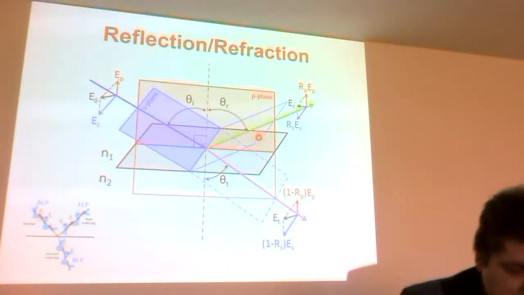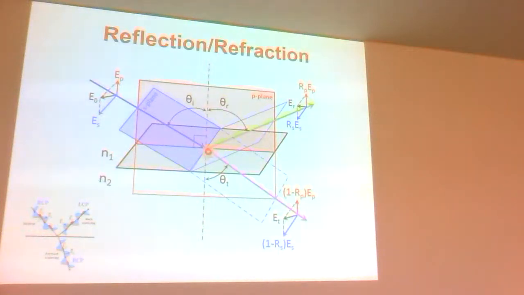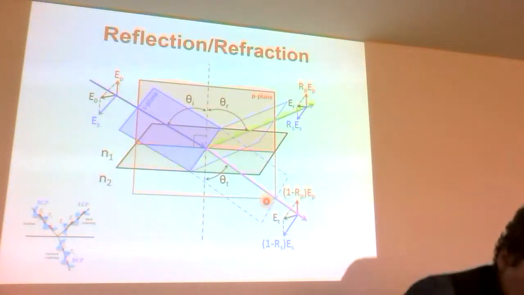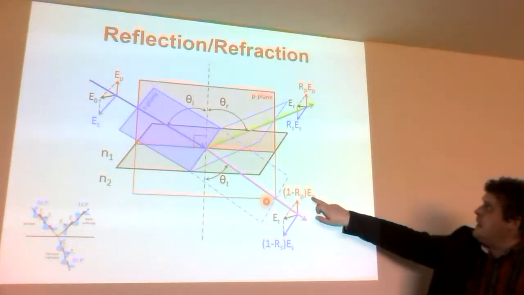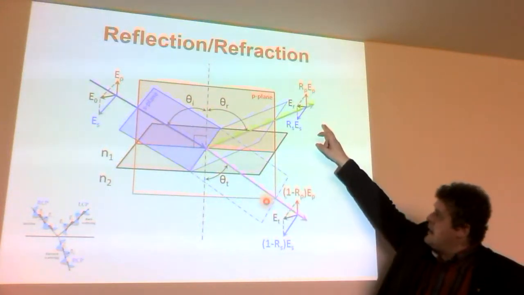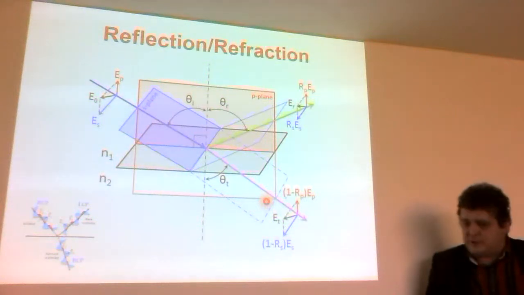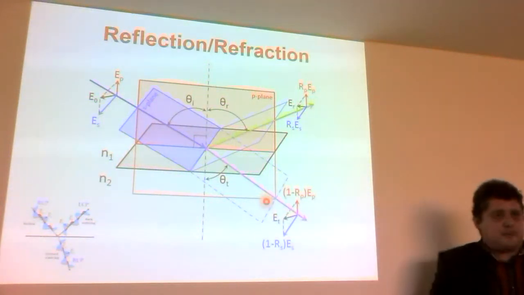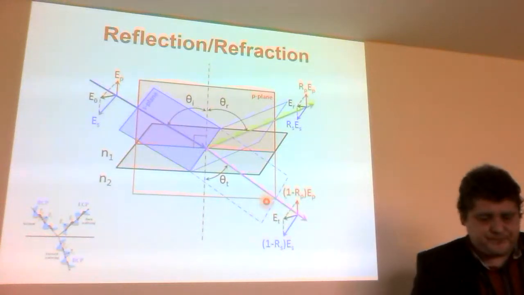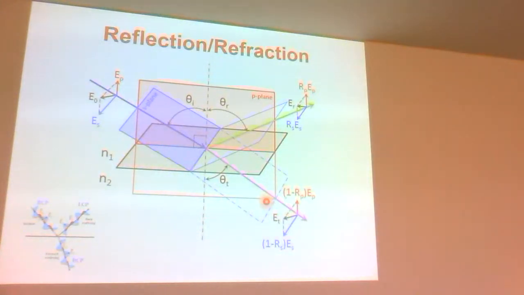When it propagates through, we should also be able to estimate how the amplitude is changing, also depending on the angle of incidence. And what does it mean?